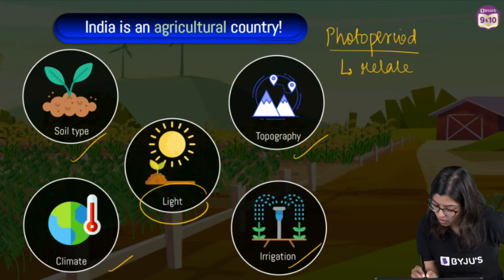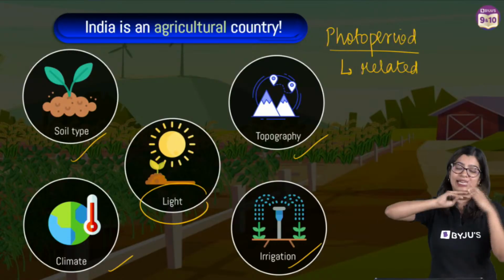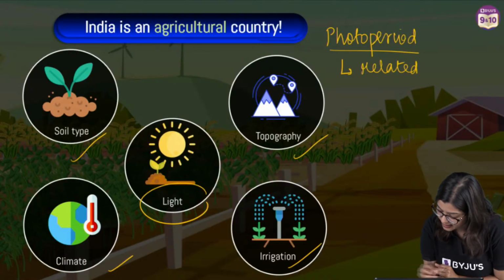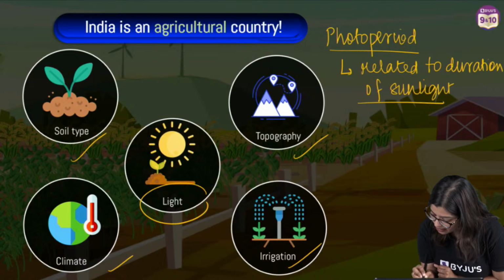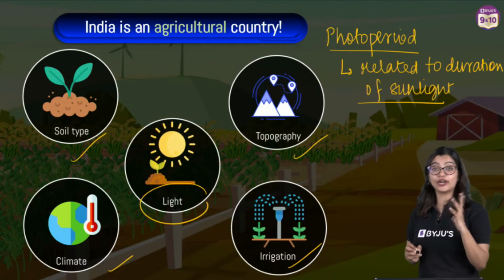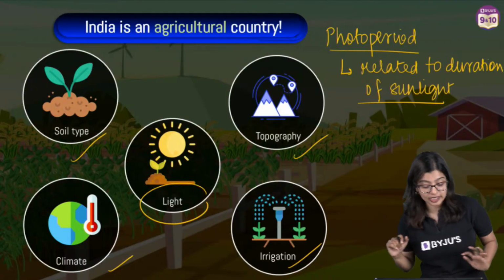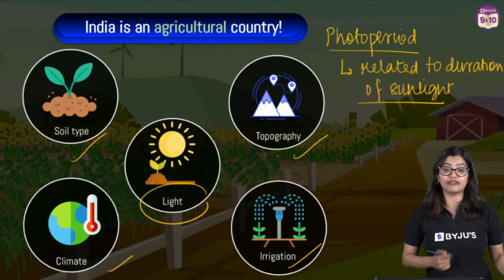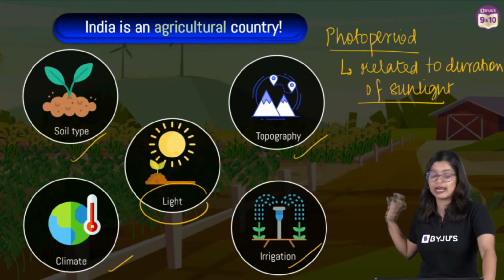It is the duration of sunlight that a particular piece of land or a particular crop gets. So we understand that different parts of our country have this. And along with this, different crops also require different soil types, climatic conditions, topography, irrigation, and so on and so forth.